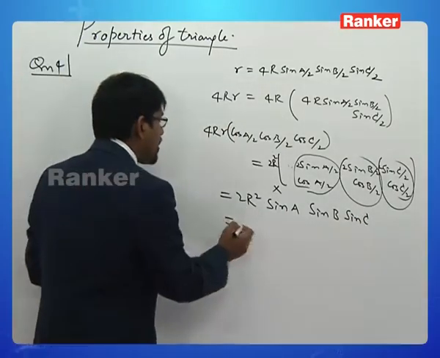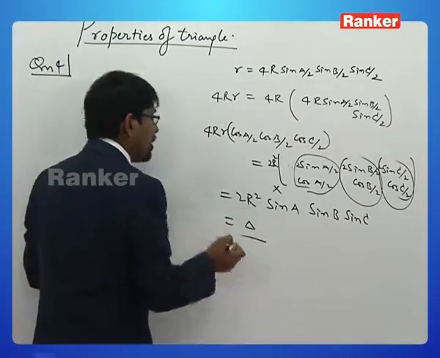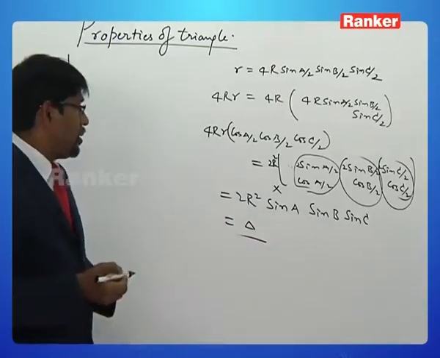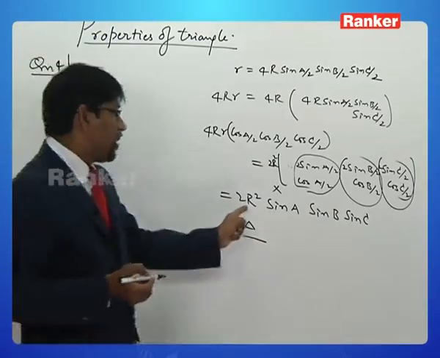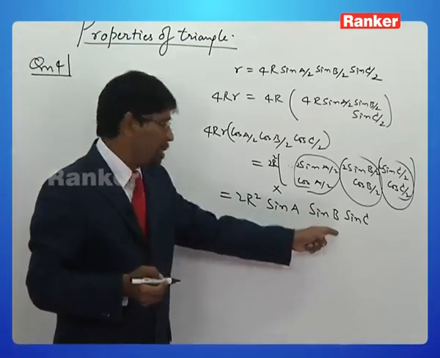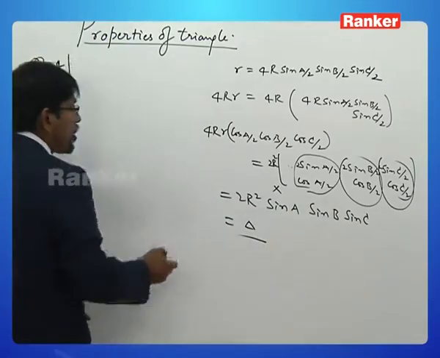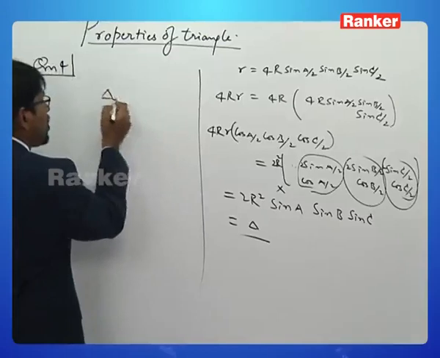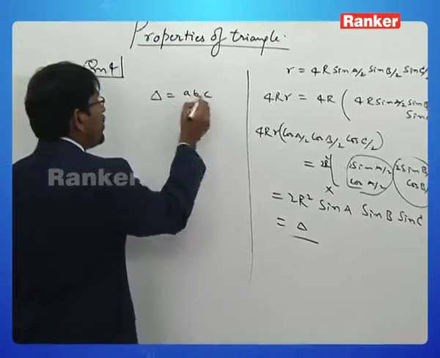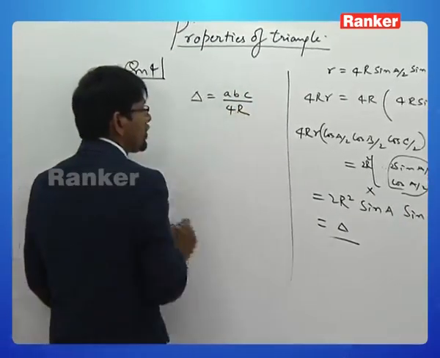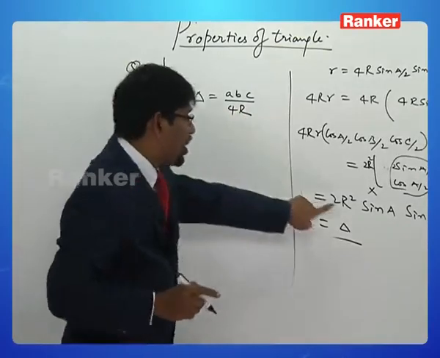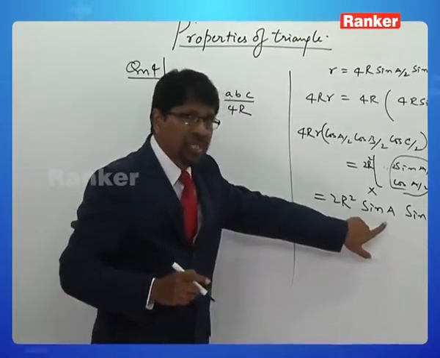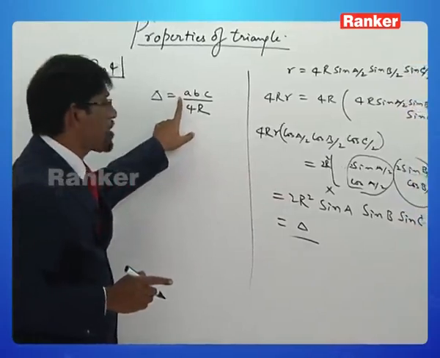Yet again this is another formula which is nothing but delta. The area of the triangle is also given by the formula 2R square sin A sin B sin C. Delta is also given by ABC by 4R. That ABC by 4R and 2R square sin A sin B sin C will be the same, because you can use the sine rule here.